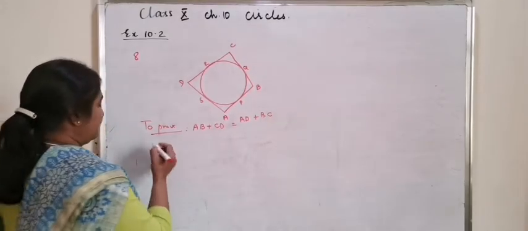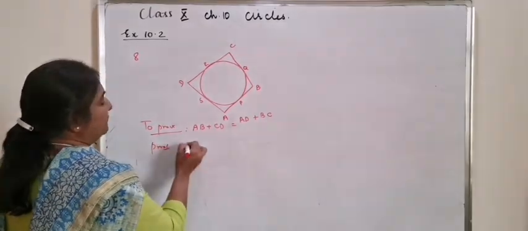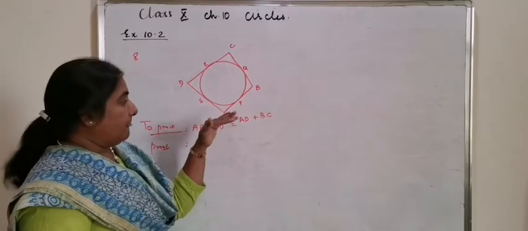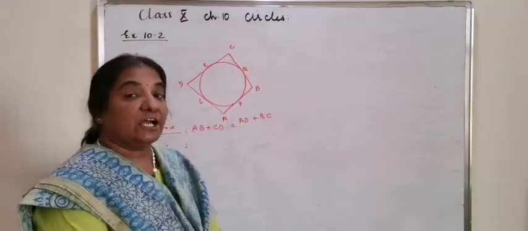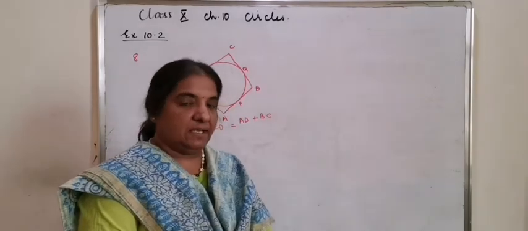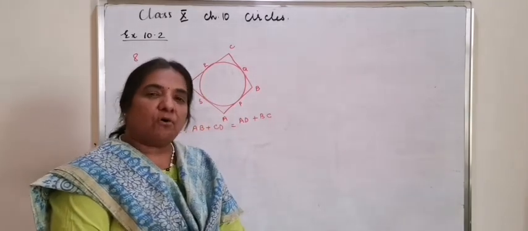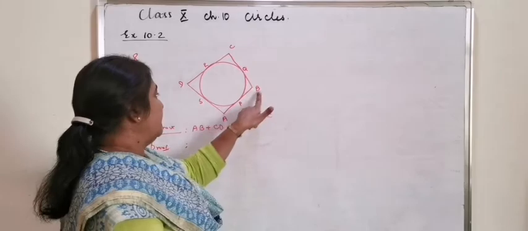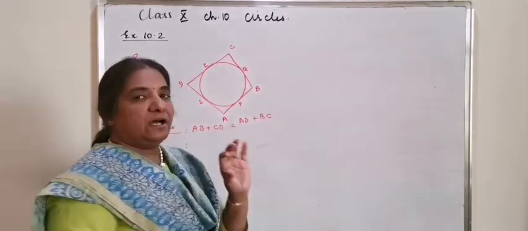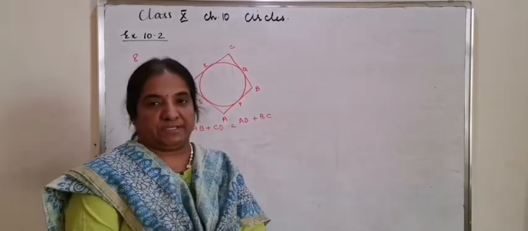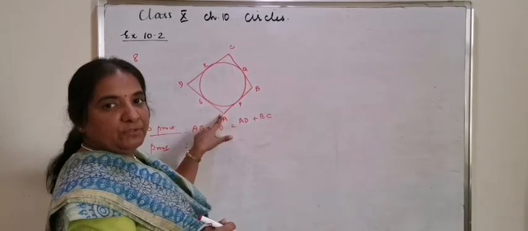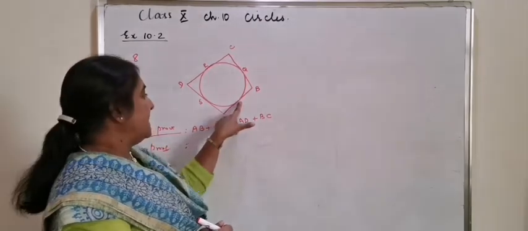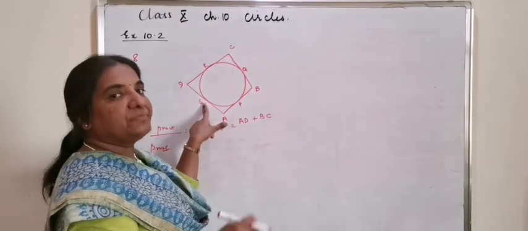Now, if you look carefully into the figure, each side is acting as a tangent to the circle, and all 4 vertices A, B, C, D are external points. Take the first external point A, you can see the 2 tangents AP and AS.